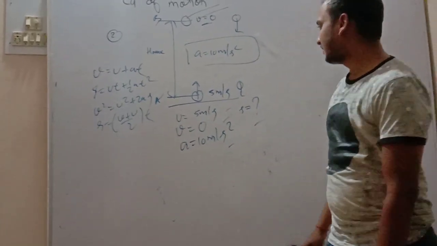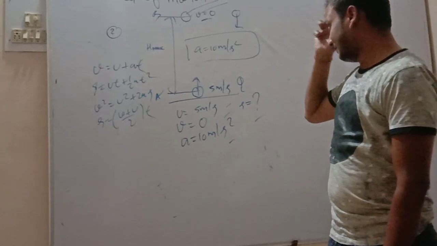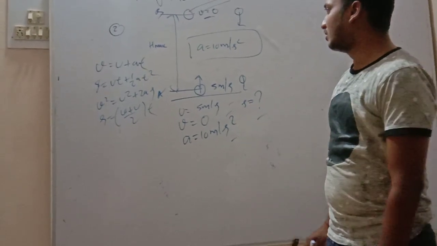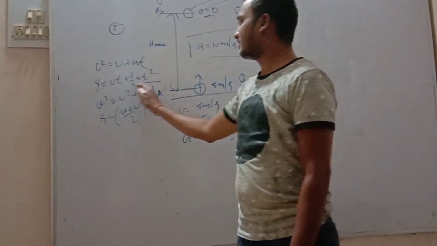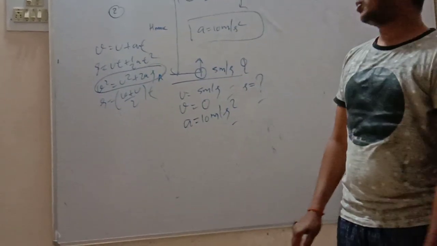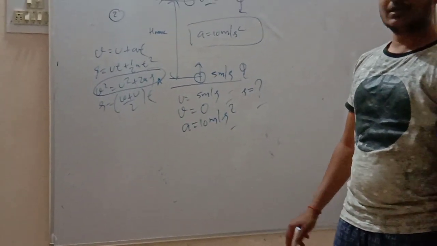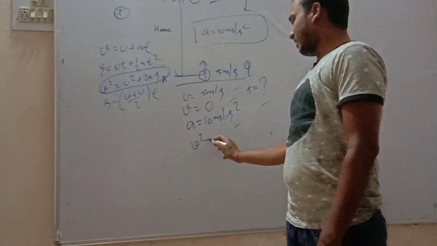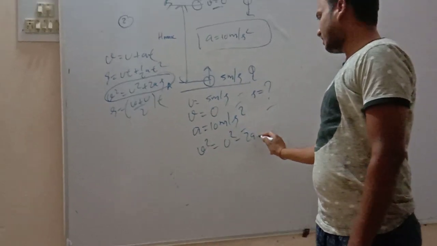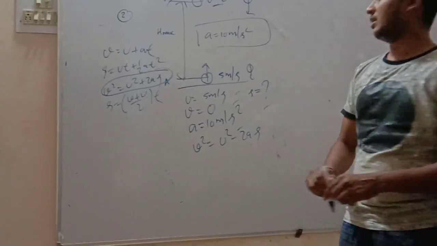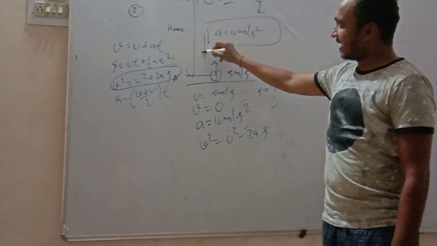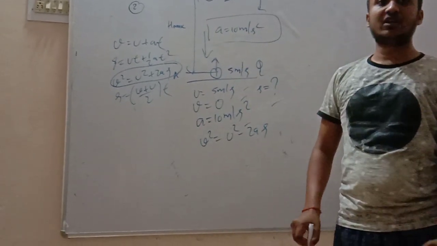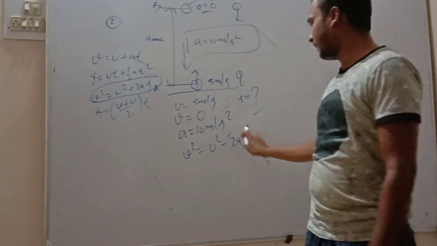So we will use v square equal to u square plus 2as, which becomes v square equal to u square minus 2as, because the earth pulls the ball downwards, so we use the minus sign.